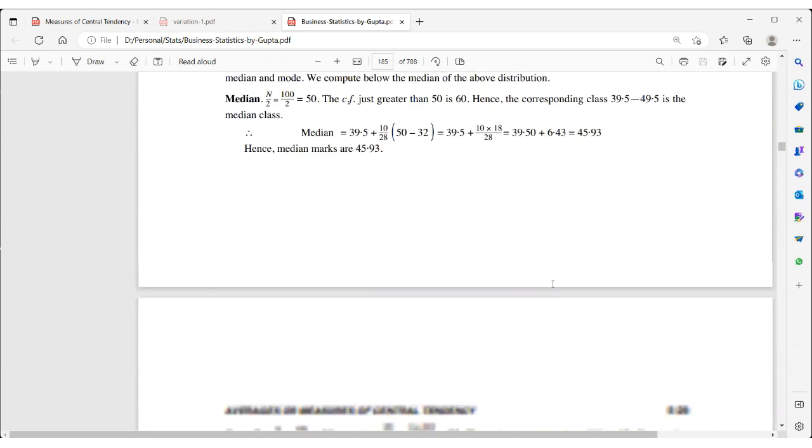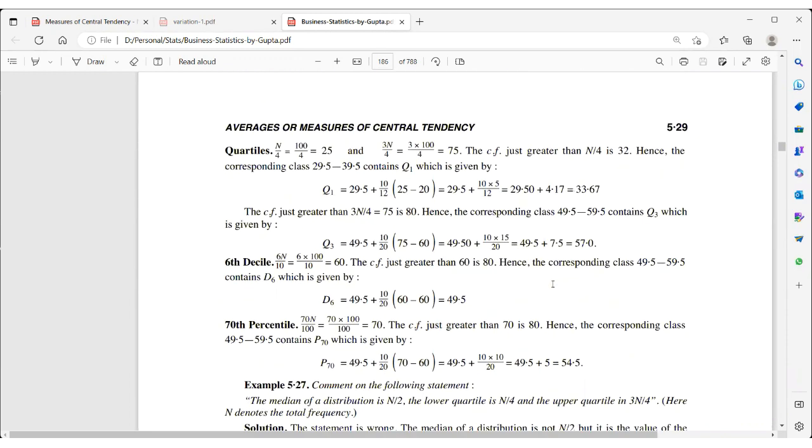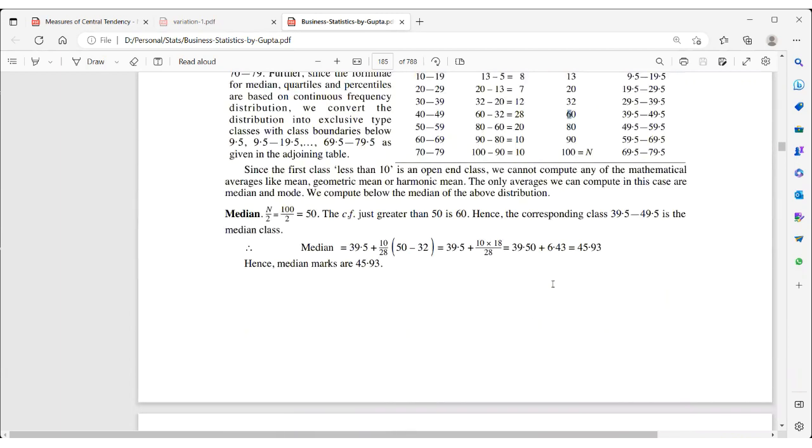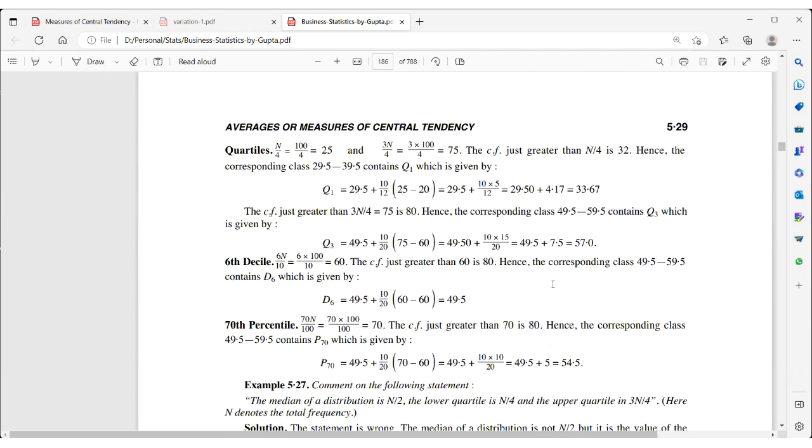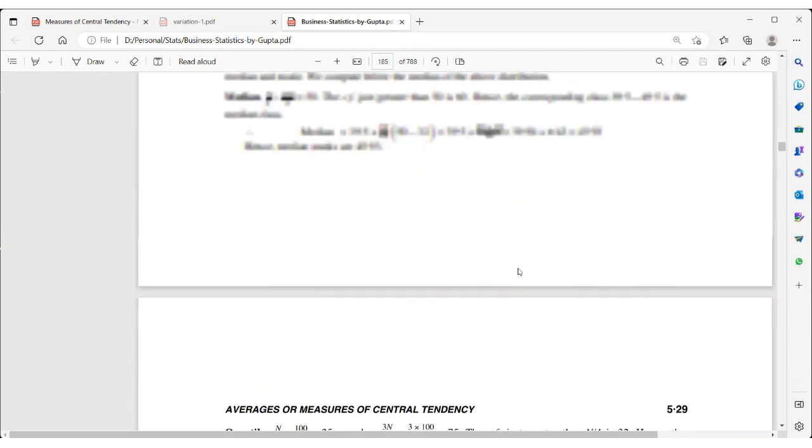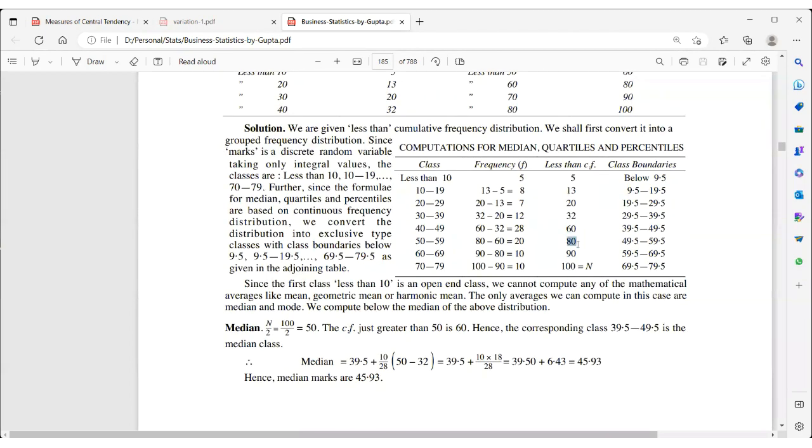Just greater than 60 comes to be 80, right? So this is the decile 6 class.